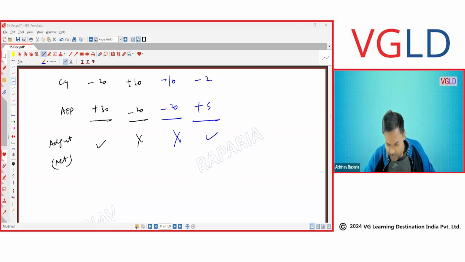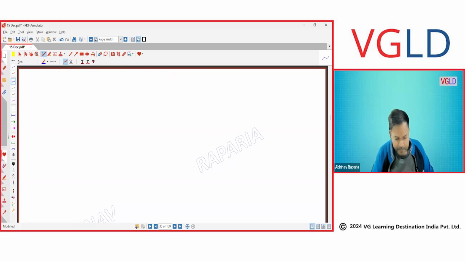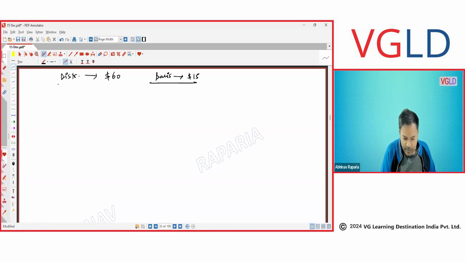Let's try a few questions again. You are making the distribution. Distribution is 60. Basis is 15. I'm here writing current year and accumulated values: 10, 10, positive, obviously.